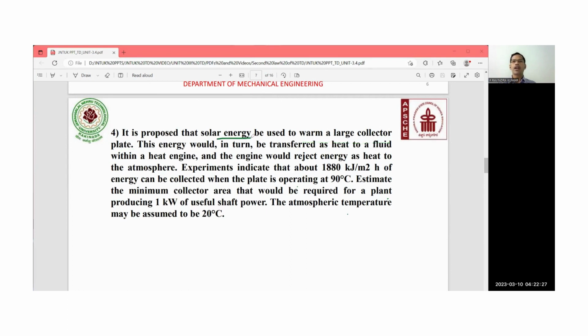In the overview of the lecture, I also discussed that thermodynamics is going to play an important role in the solar energy system. So now connecting to that point, a large collector plate. This energy would in turn be transferred as heat to the fluid within a heat engine, and the engine would reject the energy as heat to the atmosphere.